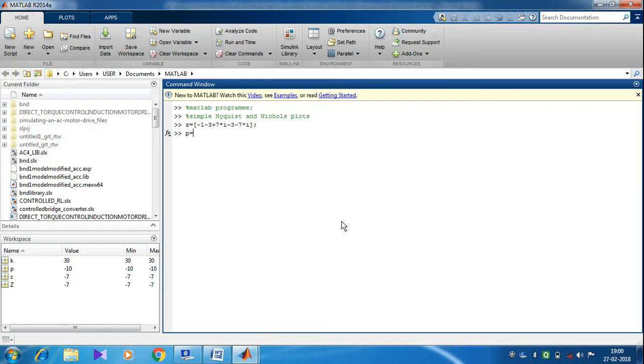P is equal to, start the bracket, then minus 1, minus 3 plus 7 multiplied by i, minus 3 minus 7 multiplied by i. Then we should close the bracket.